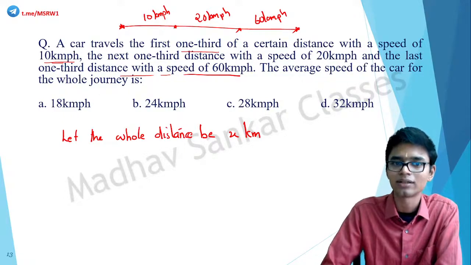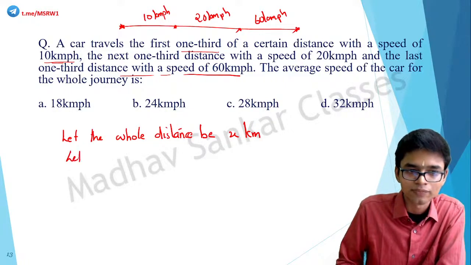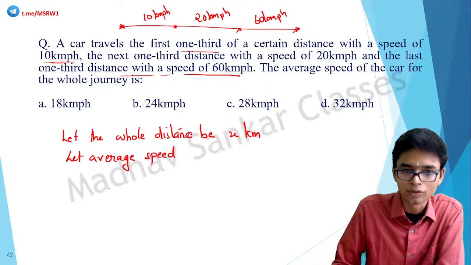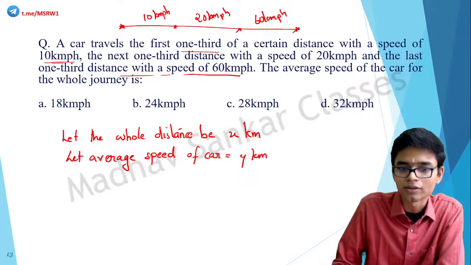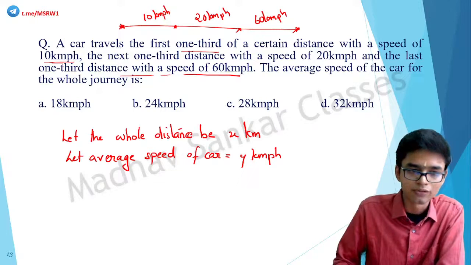This 1/3 is traveled at 10 kilometers per hour, this at 20 kilometers per hour, and this at 60 kilometers per hour. So we are assuming the total distance as x. Now, the average speed of the car is equal to y kilometers per hour. We have to find the value for y. That is the question.